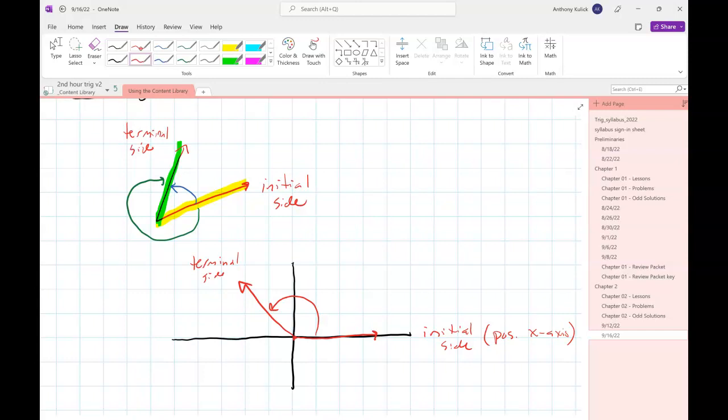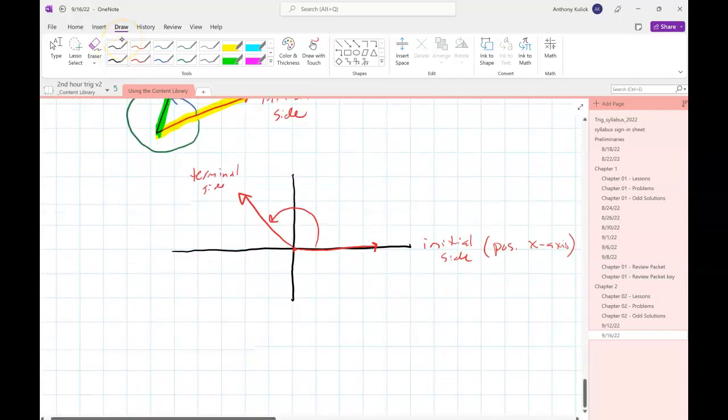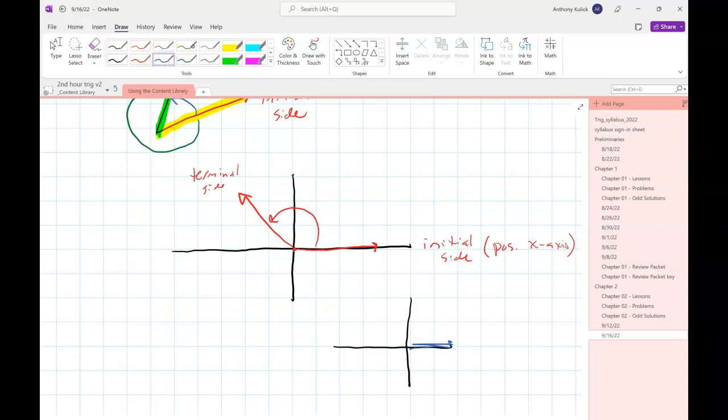What's the huge advantage of thinking about angles this way? Is that now we can represent angles that are bigger than 180 degrees, right? In geometry, we couldn't draw angles like that. Now we can.